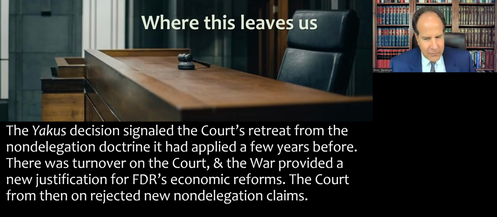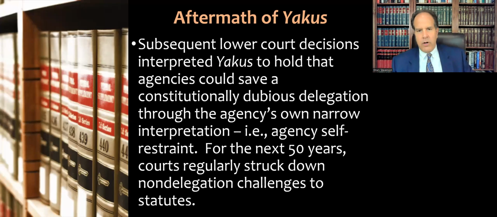But the real takeaway about Yakus, its significance, is that after this case, the court basically started rejecting non-delegation claims. And it seemed like through the lens of this case that any statute would work. Also, the lower court decisions subsequently interpreted Yakus to hold that agencies could save a constitutionally dubious delegation through the agency's own narrow interpretation of the statute.